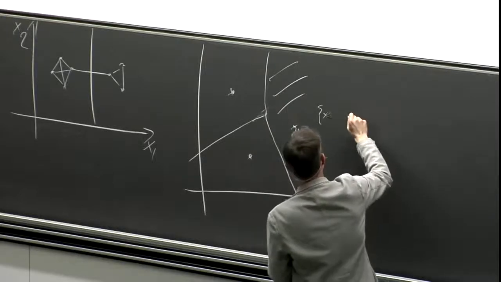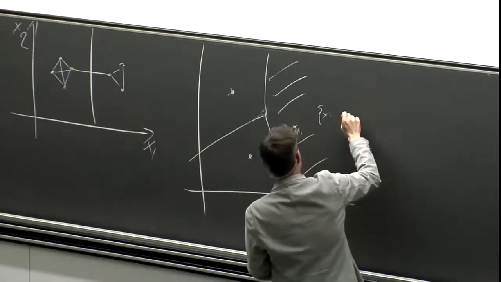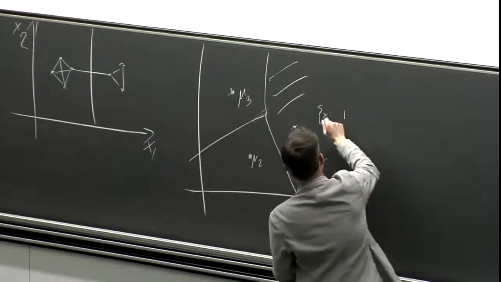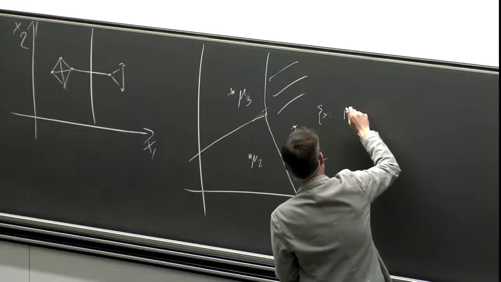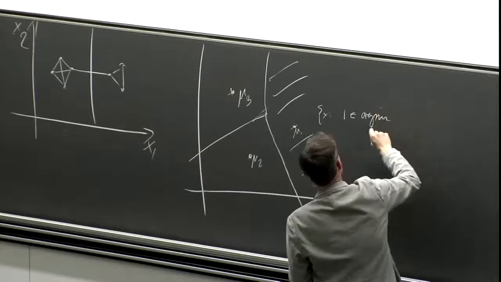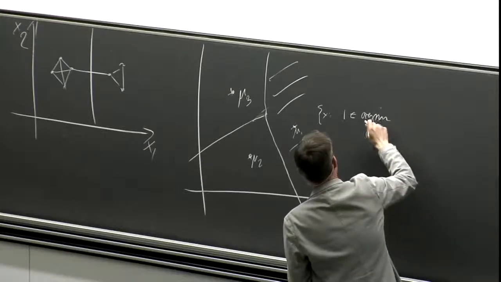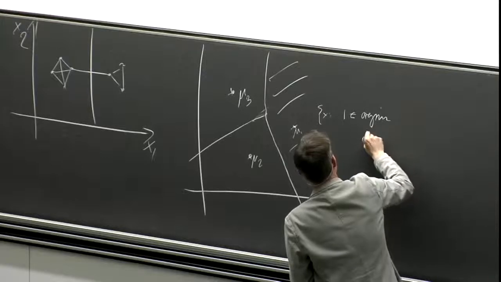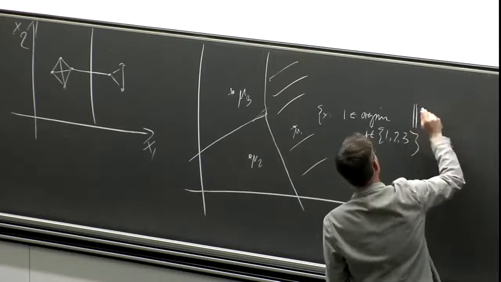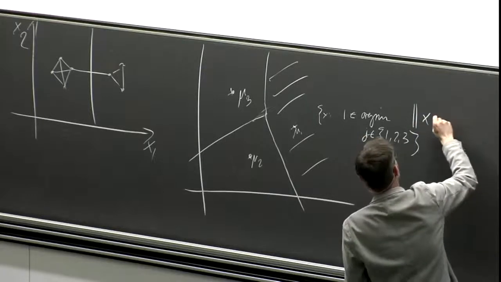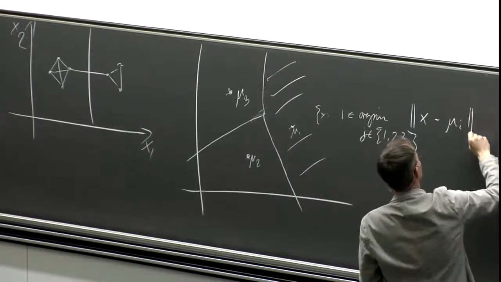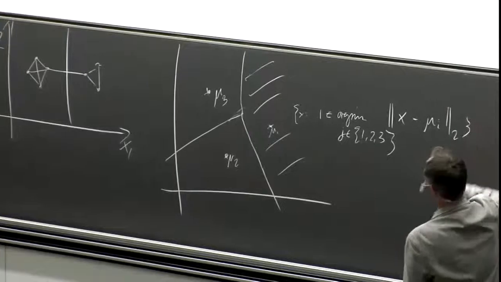So this is the set of all x's such that 1, so if this is cluster 1, mu1, mu2, mu3, the set of x's such that the number 1 is in the argmin over j in 1, 2, and 3 of the distance of this point x minus mu_j, according to the Euclidean norm.